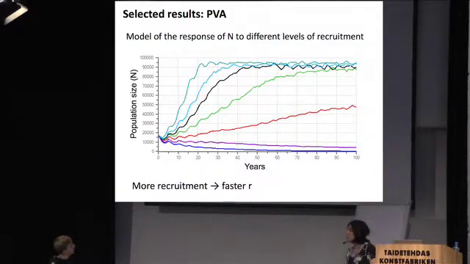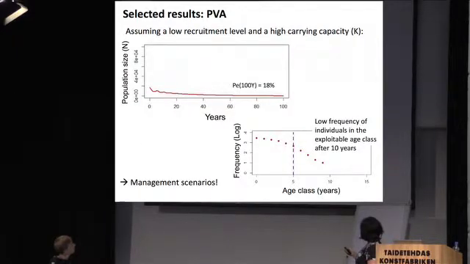Now, for showing you the results of the management scenarios, I will take as a base scenario a very low recruitment, which is the same as the graph before.